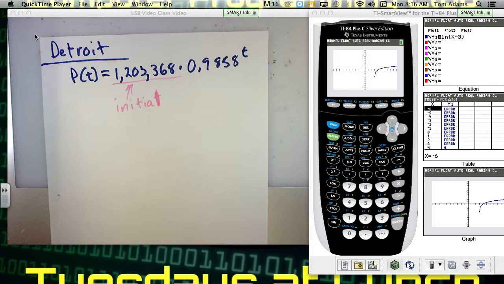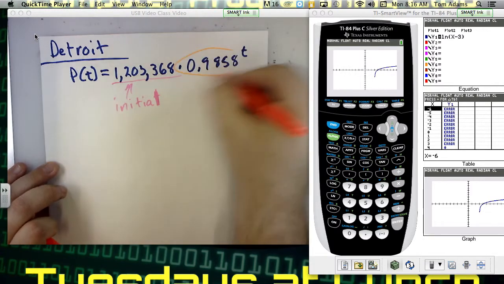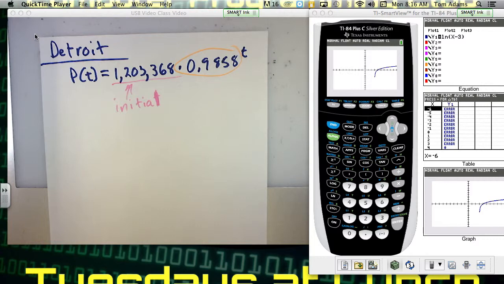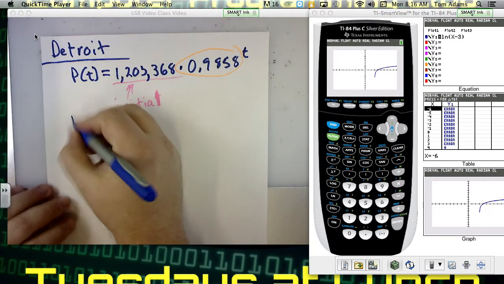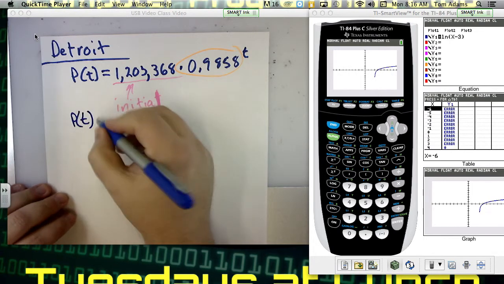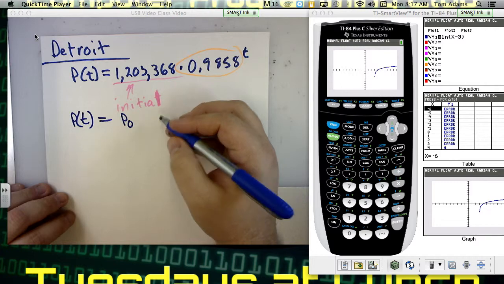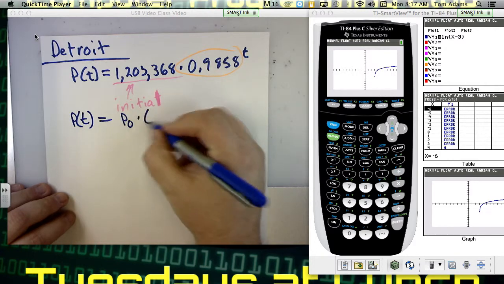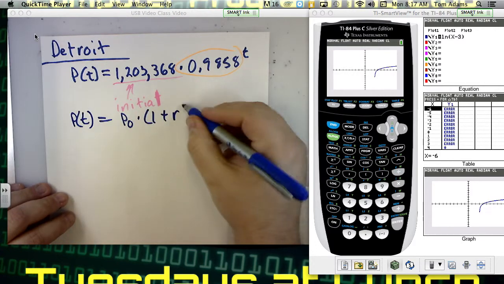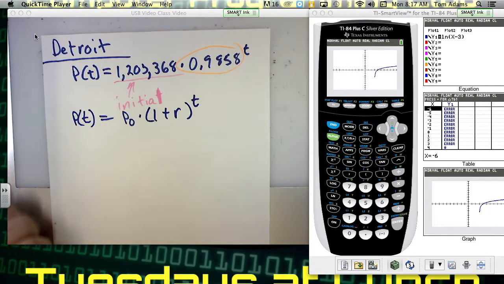But what the textbook is asking us is, what is the percentage of growth or decay? And we're going to get that information from that part that I circled there in orange. So what I want to do is write this to look like this, where I have the initial population times 1 plus the rate of change raised to the t.